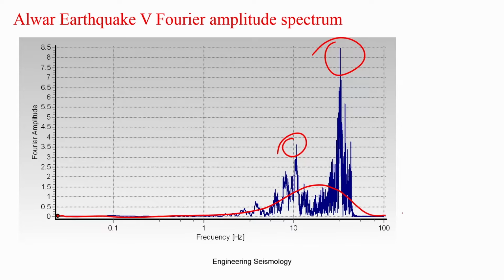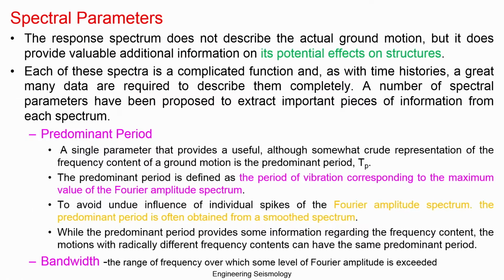When you plot this again, as I told you, 1 by 100 is 0.01, and you get the spectral acceleration like this. This is a response spectrum. This Fourier spectrum has different applications, and you can derive different spectral parameters from it.